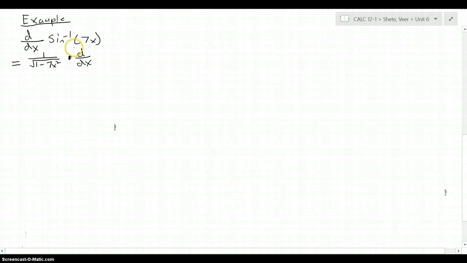If our g of x is 7x, then our g prime of x would be 7, which means ultimately the value for our derivative would be 7 over root 1 minus 7x squared. That would be our final answer for the derivative of arcsine of 7x.